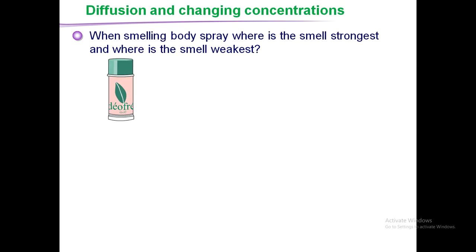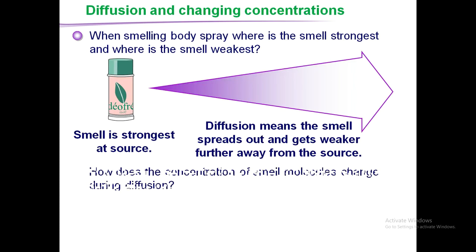Diffusion and changing concentration. The smell will be the strongest, if we take the example of a perfume, in the source area from where it is sprayed, and it will be in low concentration at the other end.